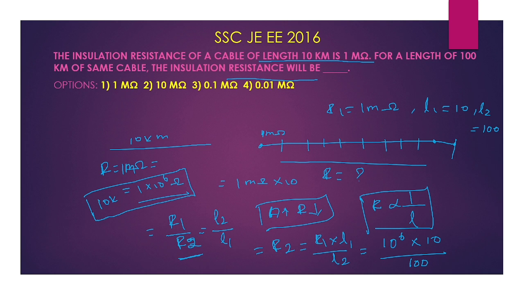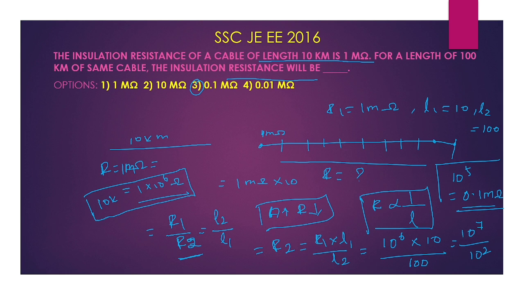So finally you will get 10 to the power of 7 by 10 to the power of 2. So if you solve this, you will get 10 to the power of 5, which is nothing but 0.1 megohm. Okay, this is the answer. So the answer is option 3, 0.1 megohm.